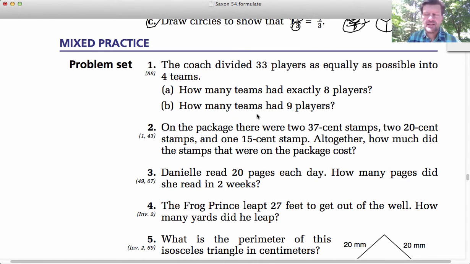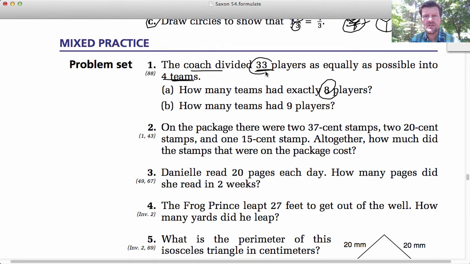Alright, let's look at this problem set. Our first one deals with the last lesson we just talked about. So the coach divided 33 players as equally as possible into 4 teams. How many teams had exactly 8 players?